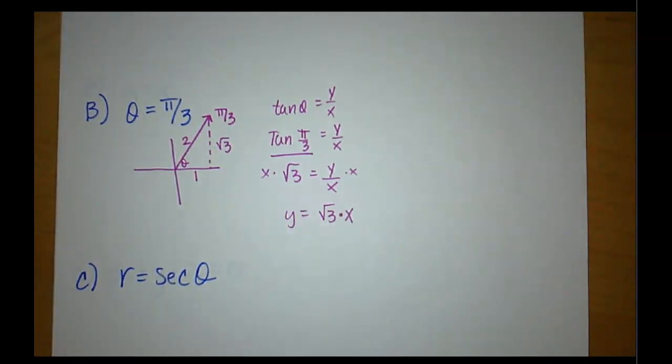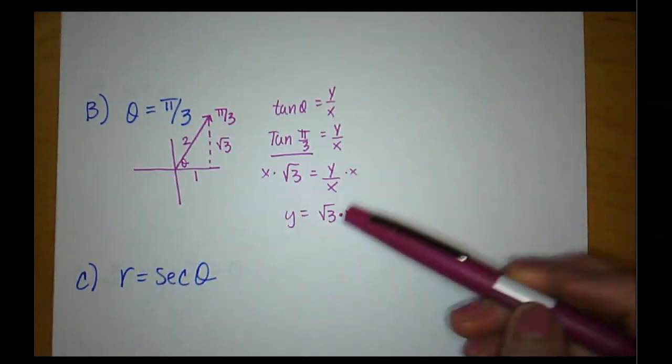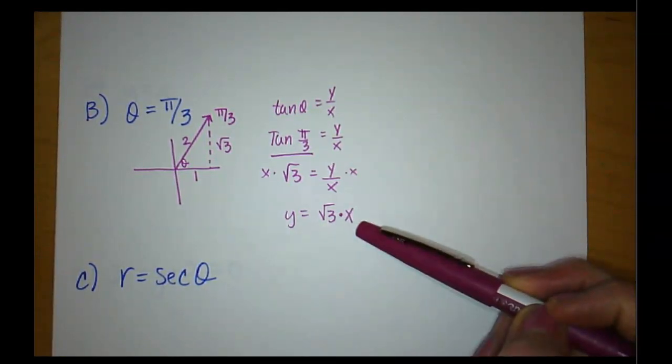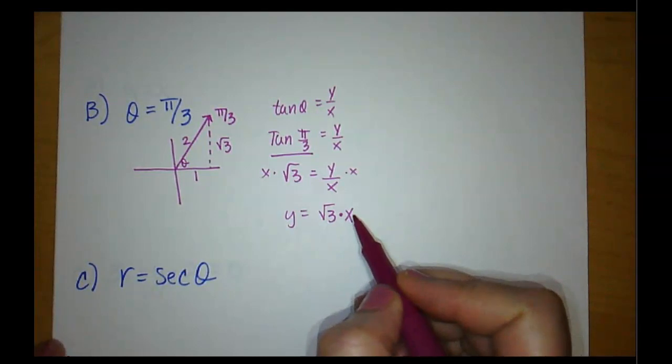So what is that going to look like? This is the way to think about it, because it's saying a constant value in front of x. So basically this is going to look like a line. It's going to look linear because square root of 3 is going to be a numeric value, and that's going to act like the slope of the line. So this is technically how you would write it.